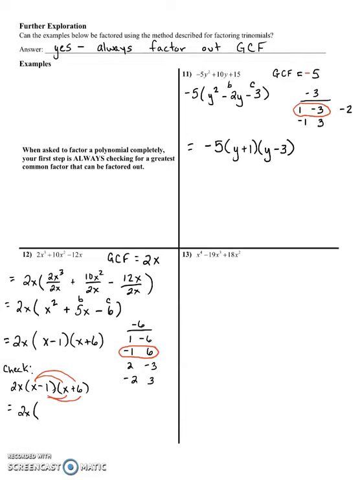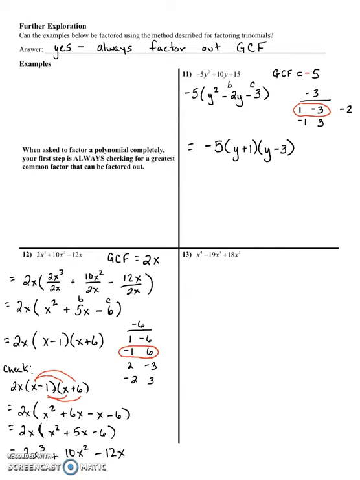Then when we foil, x times x is x squared. x times 6 is 6x. Negative 1 times x gives us a minus x. And negative 1 times 6 gives us negative 6. So if we combine like terms in the parentheses, we have x squared plus 5x minus 6. And then we distribute the 2x through. We get 2x cubed plus 10x squared minus 12x, which is what we started with, so that's good.